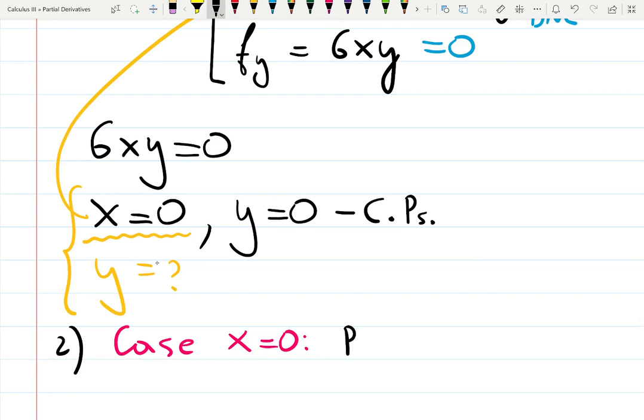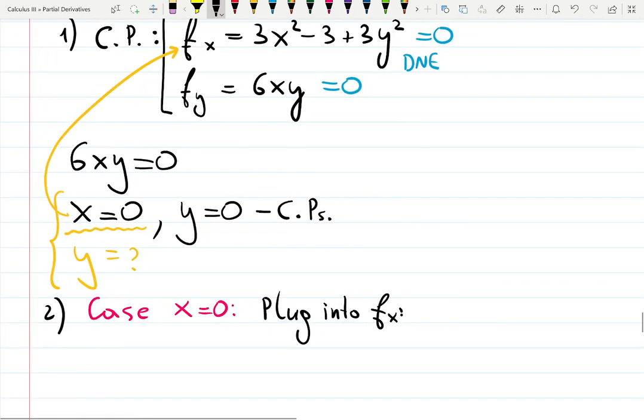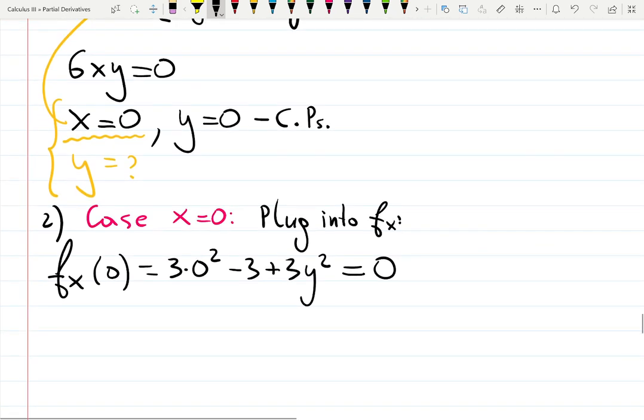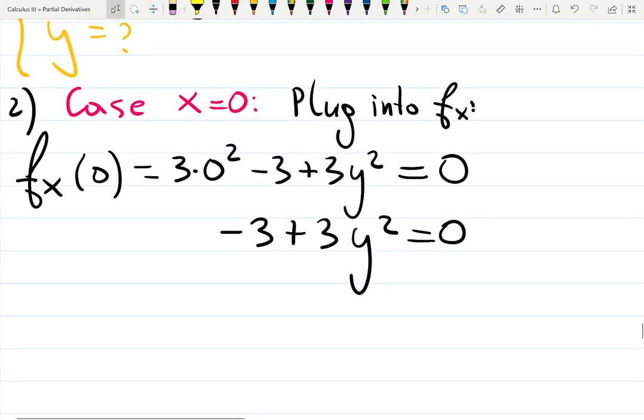Plug 0 into f sub x. What is happening when I plug 0 into f sub x? It will be 3 times 0 squared minus 3 plus 3y squared, and this must be 0. That's what we're solving for. So we're going to have minus 3 plus 3y squared equals 0, because this is just 0.